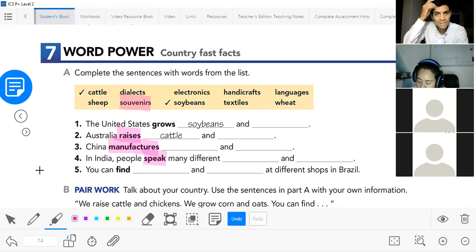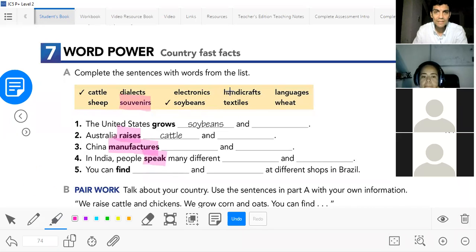Just for example, let's say that I go to Peru and I visit Machu Picchu and I buy small things that represent Machu Picchu. Those are souvenirs. What do we use in Spanish for souvenirs? Artesanías.